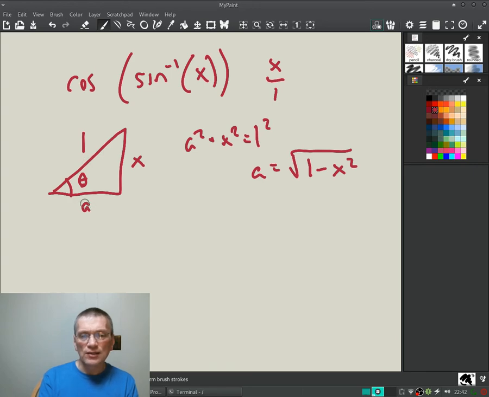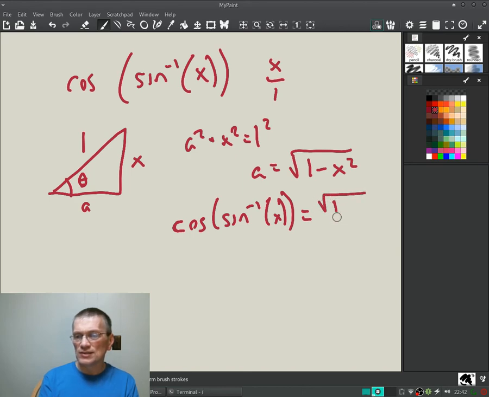And we know the cosine is going to be a over 1. So the answer to cosine of sine inverse x equals a over hypotenuse. That's this over 1, which is just the same as that. Okay? There it is. Very nice.